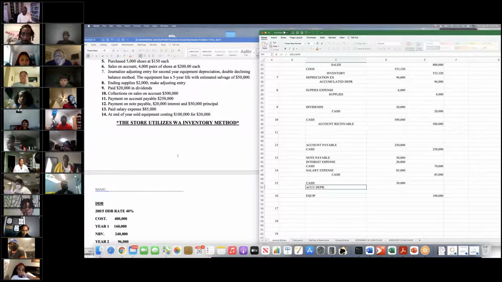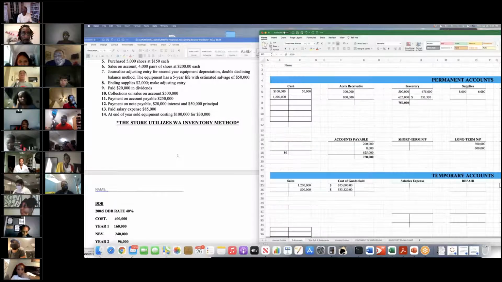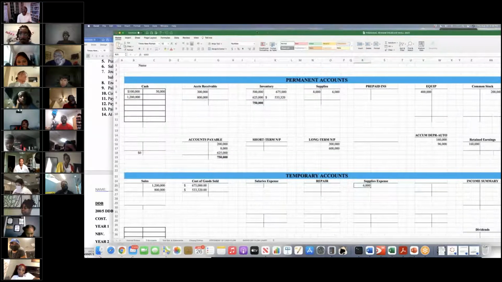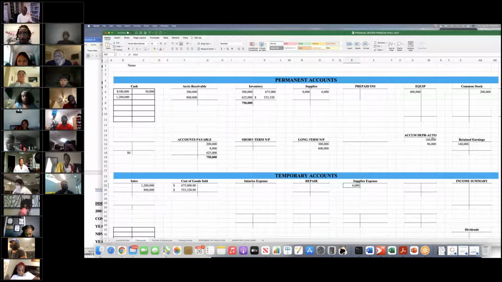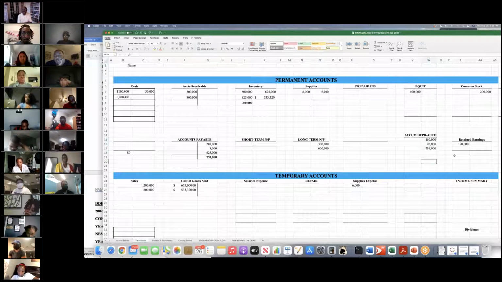Let's look at this T account. We've got 160 and 96. The total equipment at this point was 400,000. So if I add these up right now, I have 256,000 in depreciation.